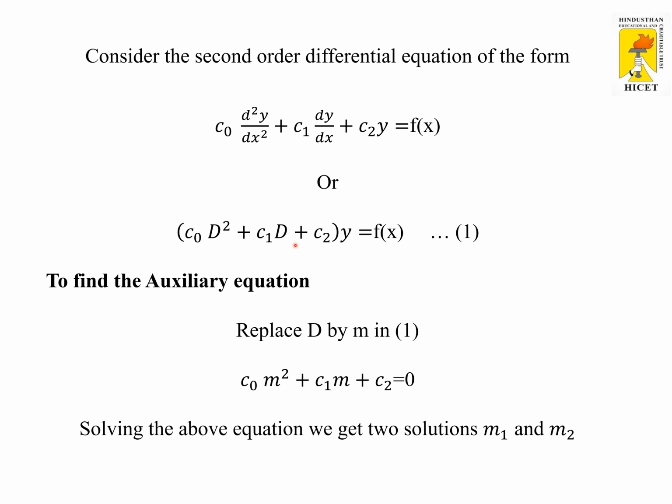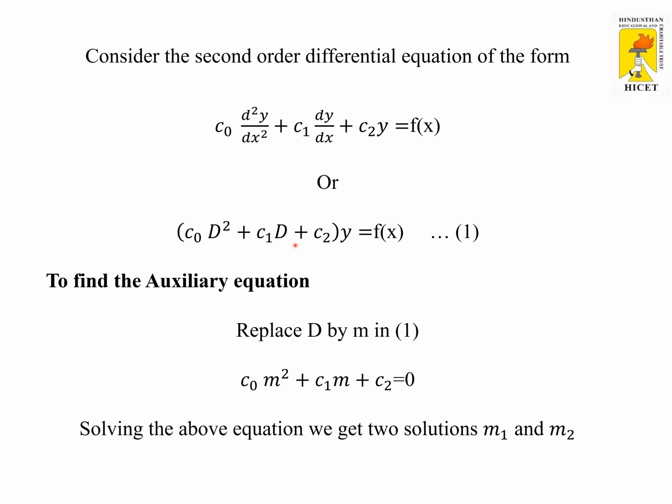So the left hand side will become C0 m squared plus C1 m plus C2 equal to 0. This is a quadratic equation in m. Solving this equation, we get two values for m. Let us consider those values as m1 and m2. Based on the nature of the roots, we can write the complementary function.